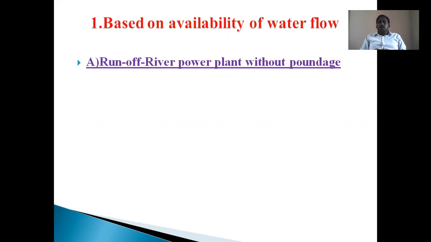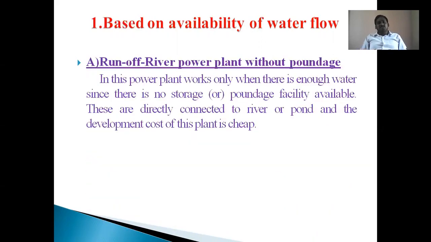The availability of water capacity is less, that's why the power generation capacity is also lesser. But to construct this type of power plant, the cost is less. That's why these types of power plants are very cheap.